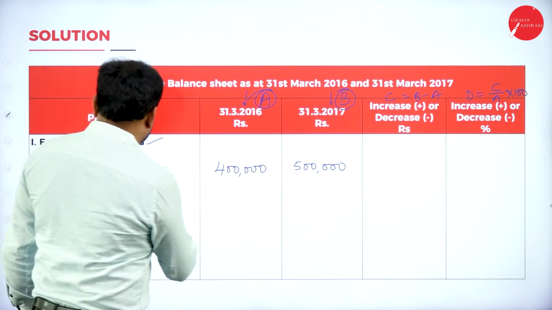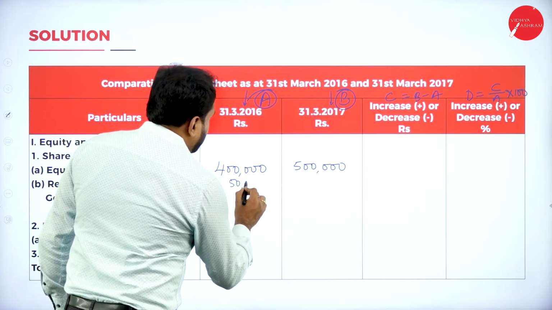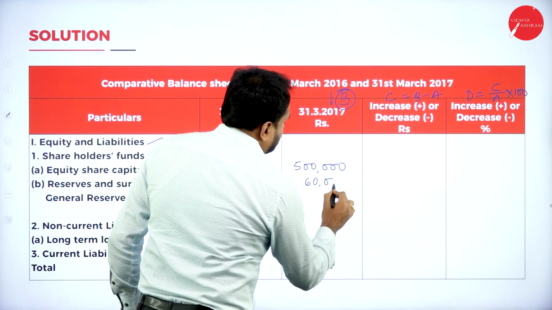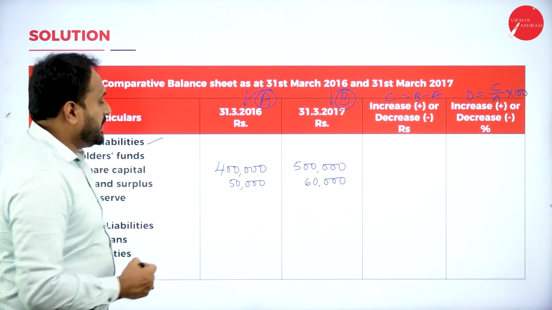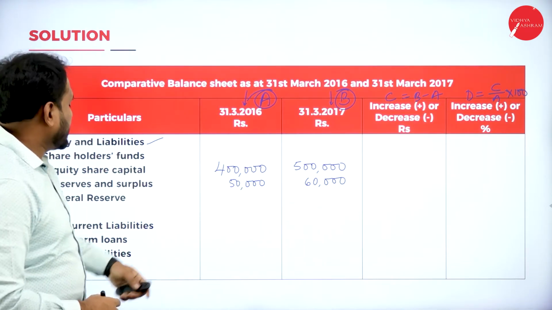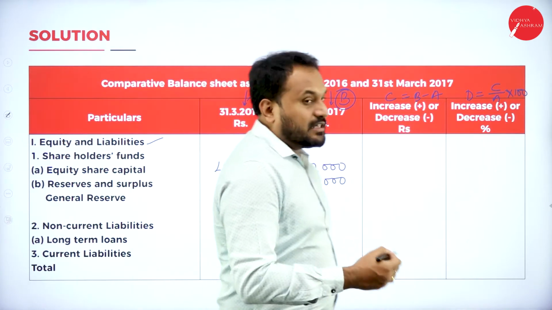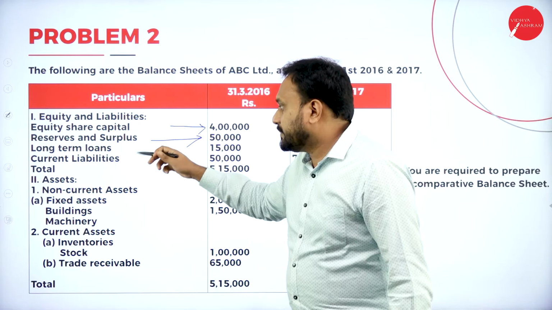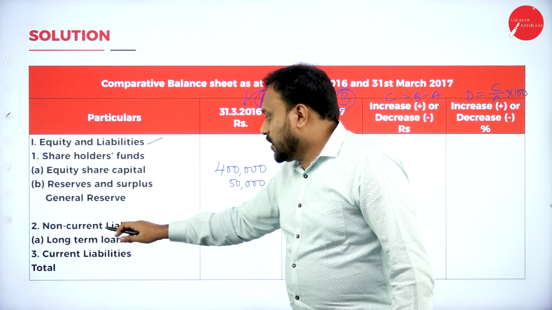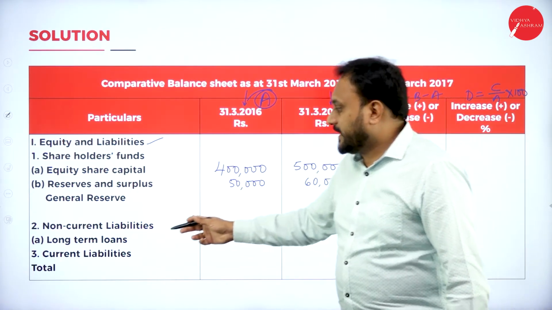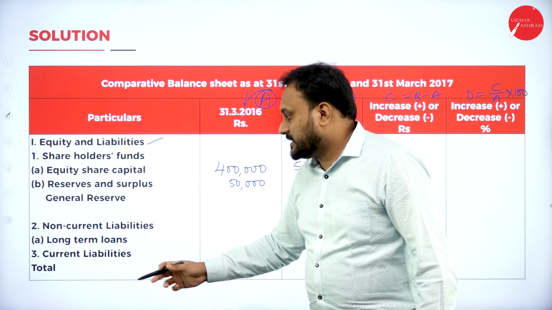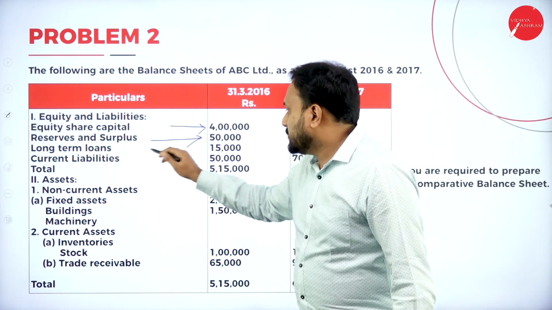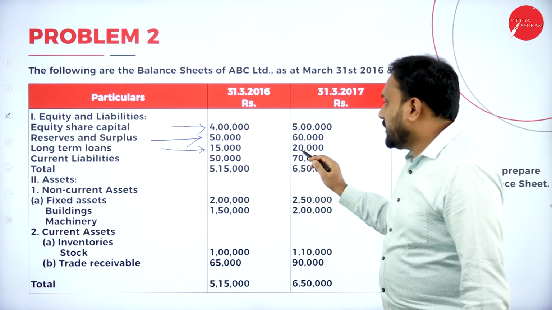So we'll write here reserves and surplus, 50,000 and then 60,000. See, when you write properly with the proper numbers, it will actually go. Next is reserves and surplus, in the sense general reserves, we are done with. Next we go with non-current liabilities. In that, long-term loans is there, and then we have current liabilities. Long-term loans, how much is it? 15,000 and 20,000.